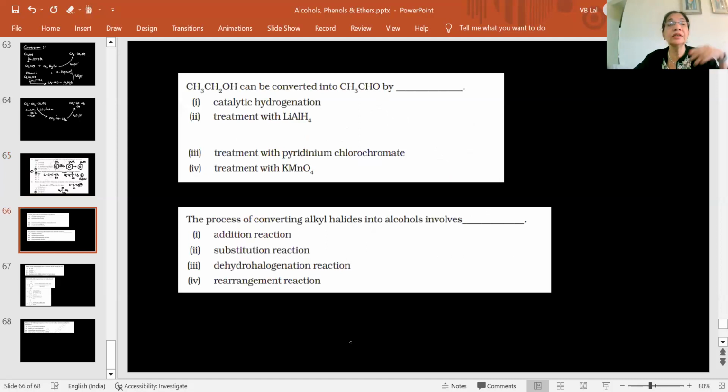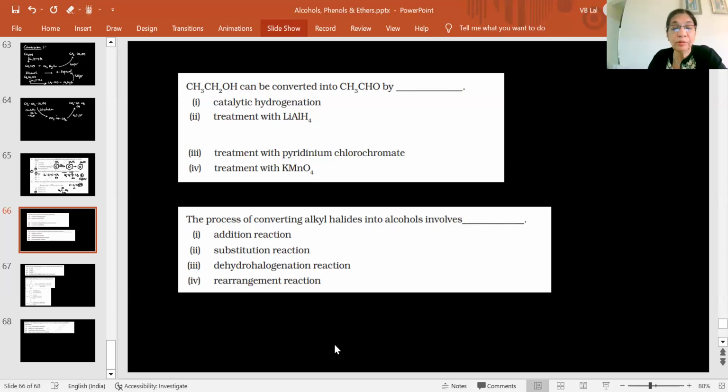Now let us take the next. CH3CH2OH, that is, ethanol can be converted to acetaldehyde by which of the following? We did oxidation reactions in the last class. Which of the following can convert ethanol to acetaldehyde?